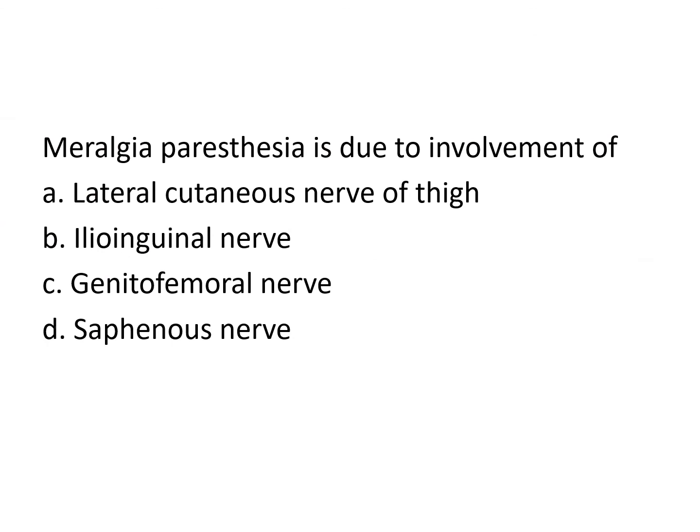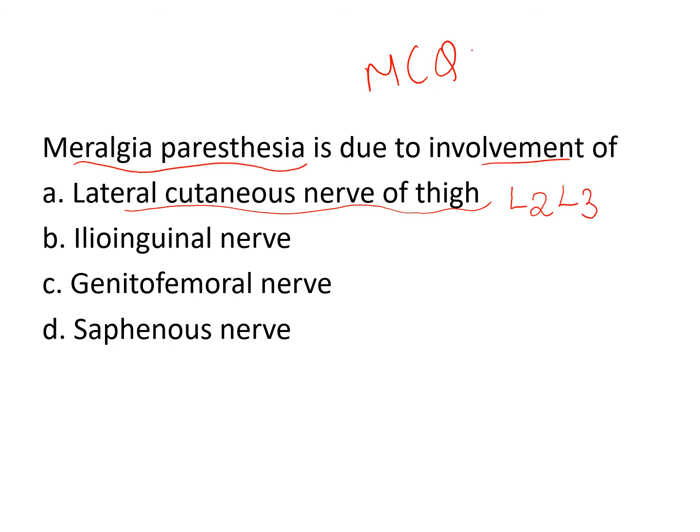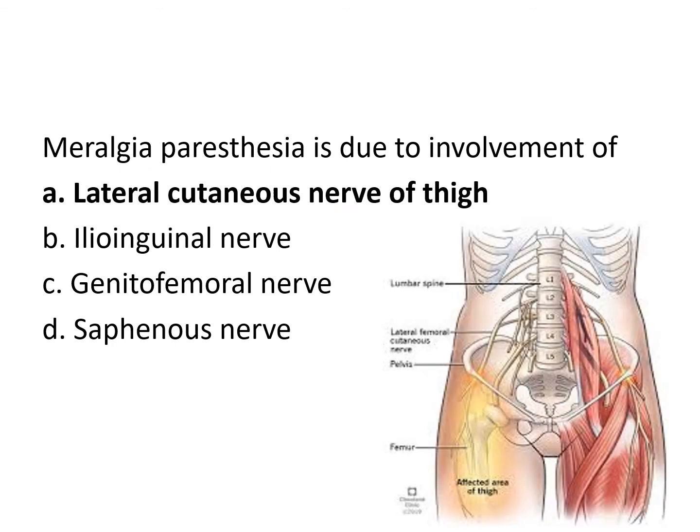Now we come to a frequently asked MCQ. Meralgia paresthetica is due to involvement of which nerve? We have already seen that it is due to involvement of the lateral cutaneous nerve of the thigh, which is from the posterior division of the ventral ramus of L2 and L3. So that is the answer.